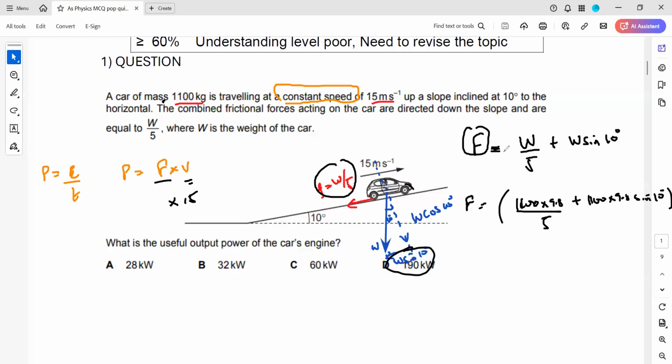What's the answer for the force needed to maintain a constant speed? 1100 times 9.8 divided by 5 plus 1100 times 9.8 sine 10 degrees gives 2349. So 2349 multiplied by 15.